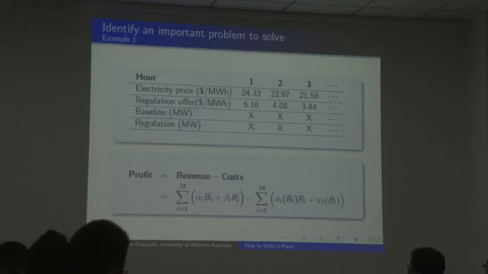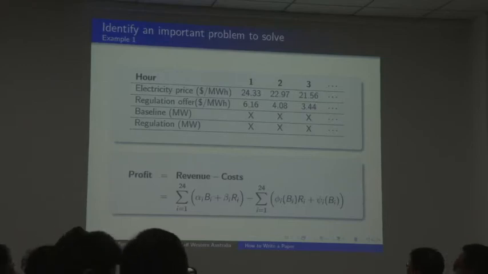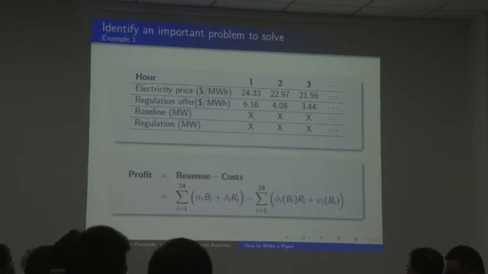But you need to decide how much regulation you're going to provide, how much base power you're going to use. Yeah? So it becomes an optimization problem. So we can write down a profit function and maximize the profit and determine how much base power we should be using at a given time and how much regulation we should be providing to maximize the profit. So that is a problem that we can solve.